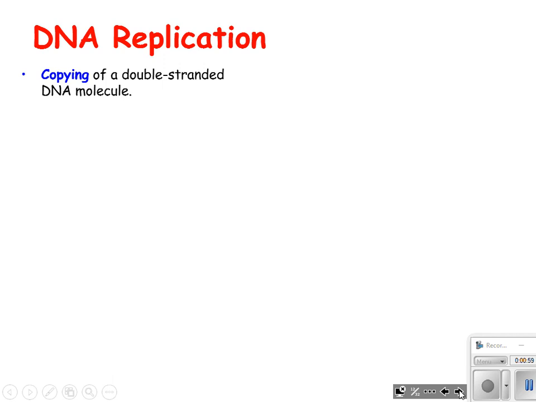Now, the first thing that we're going to talk about is what DNA replication is. It is the copying of a double-stranded DNA molecule. Now, we know from our studies and our talks about the history of DNA that DNA is a double helix. So, DNA replication is the copying of that double helix.